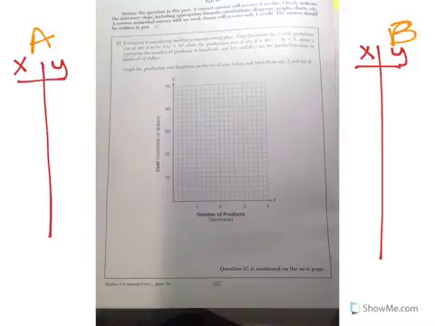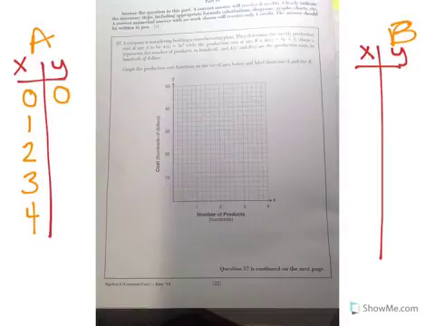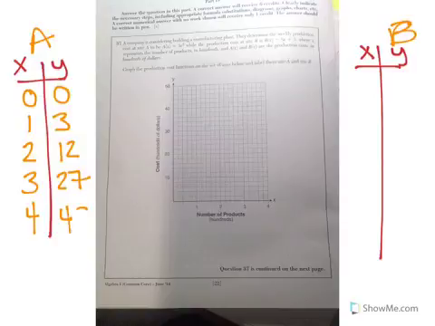So when I type in my A, what I end up getting is, when x is 0, 1, 2, 3, 4, my y values are 0, 3, 12, 27, and 48. Okay, so I can plot those points now.